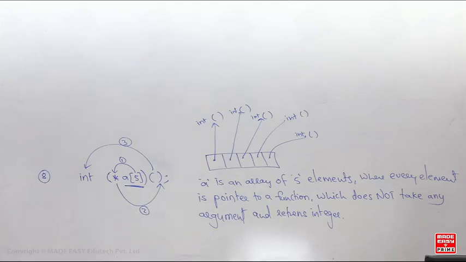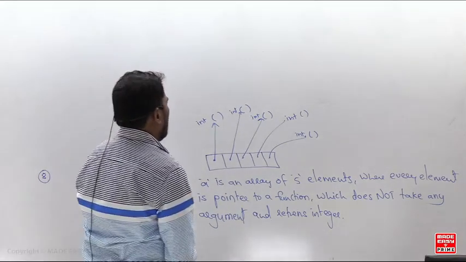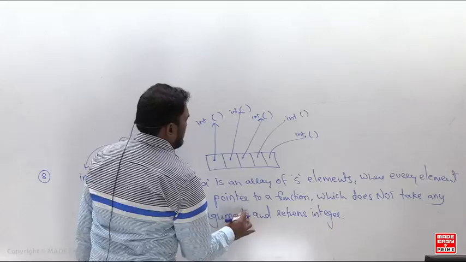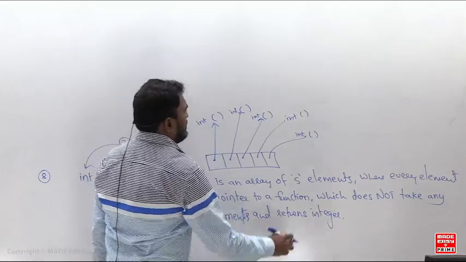Okay, A is an array of 5 elements where every element is a pointer to a function which does not take any arguments, okay, and returns integer.